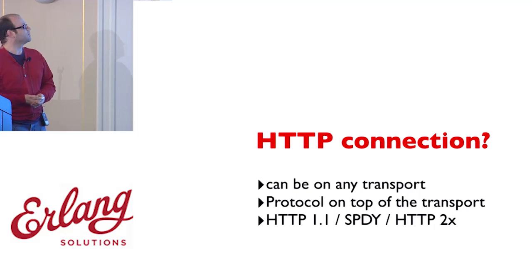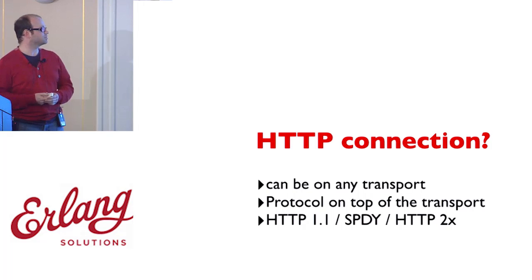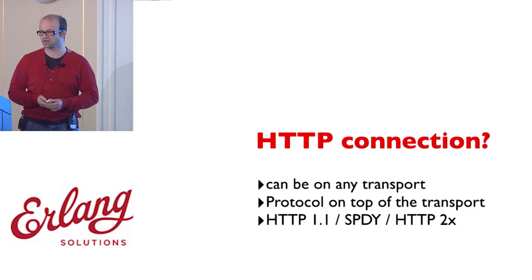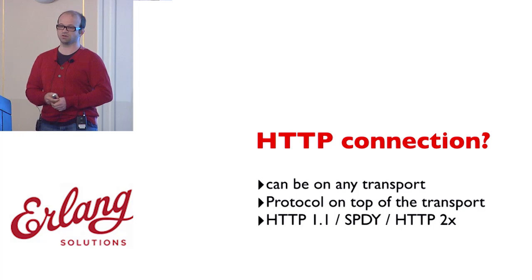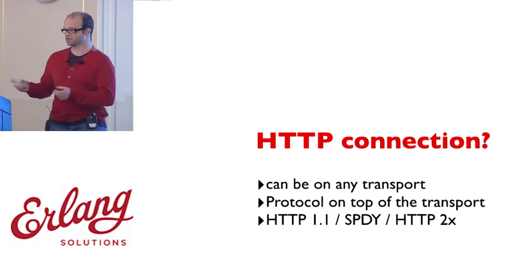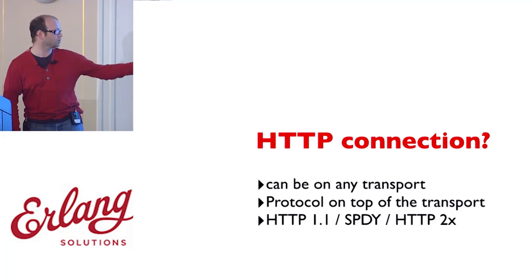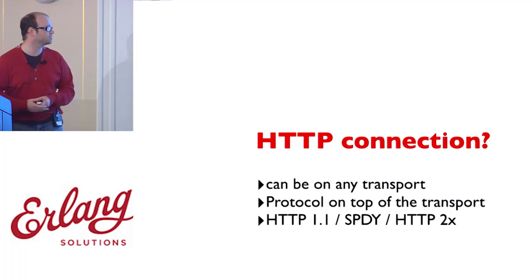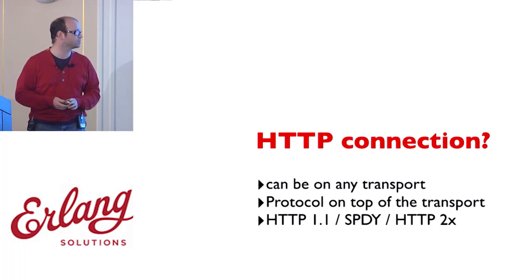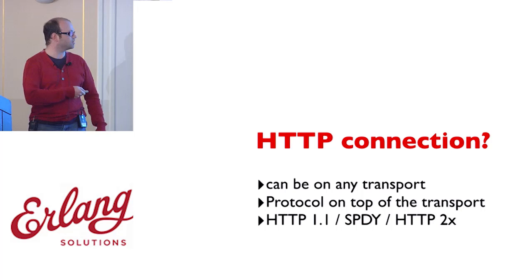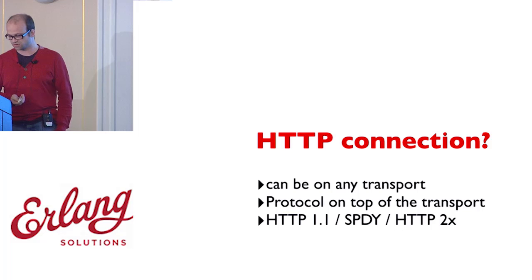So you have HTTP 1.1, which is the one actually used everywhere. You have SPDY that is used by some servers, which I will go back to further on, which has been created by Google and is the ancestor of HTTP 2.x, or at least defines some stuff that will be used in HTTP 2.x. And the old version that is still in use, HTTP 1.0.